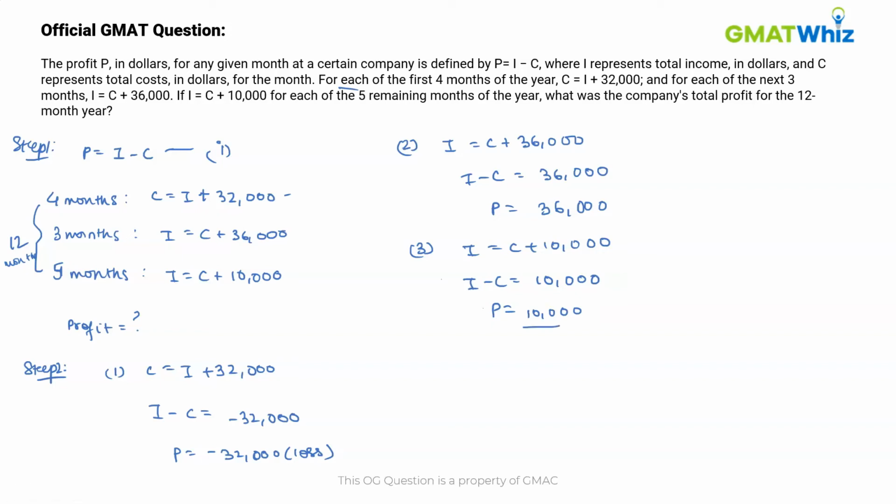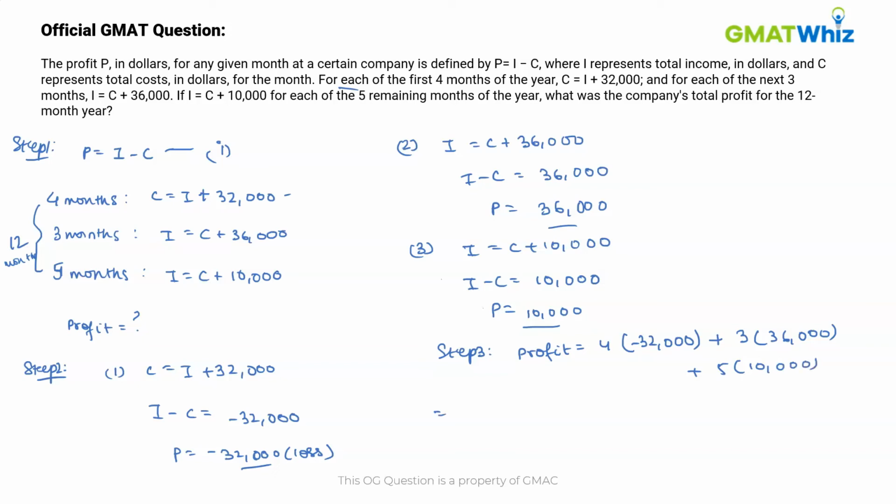So, keeping these values in mind, we move on to step 3 and calculate the net profit. The profit will be equal to 4 times minus 32,000, since this is the loss that the company incurs every month, plus 3 times 36,000 plus 5 times 10,000.